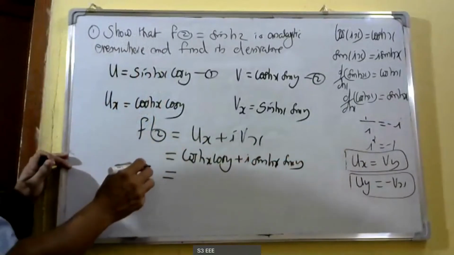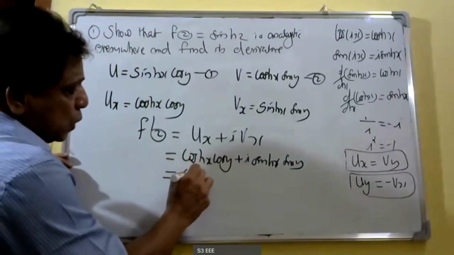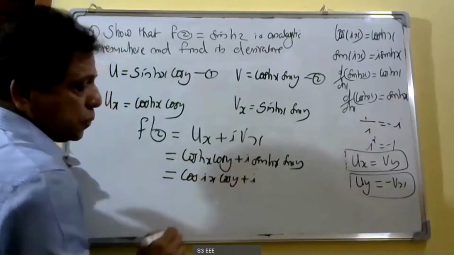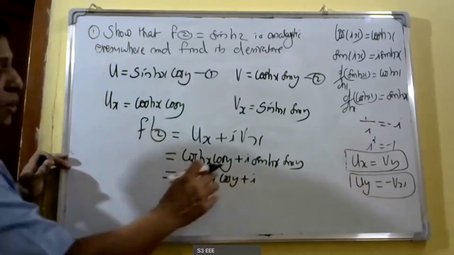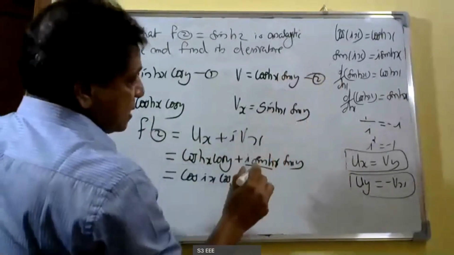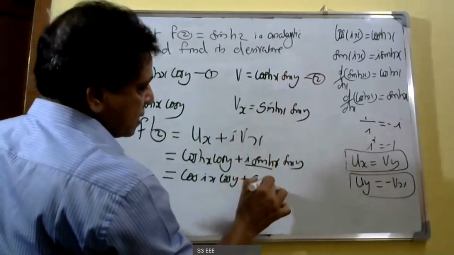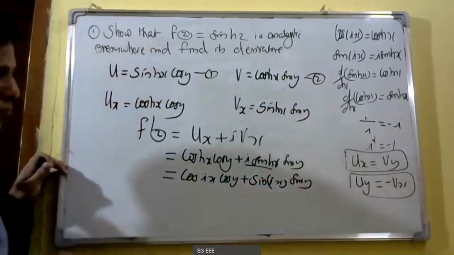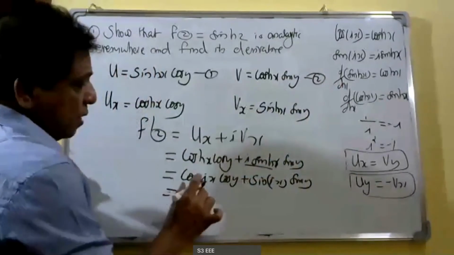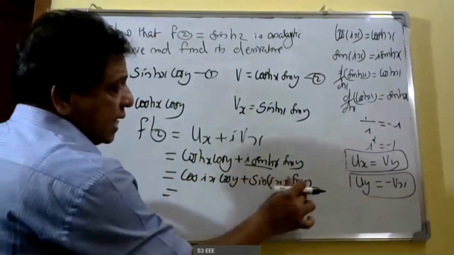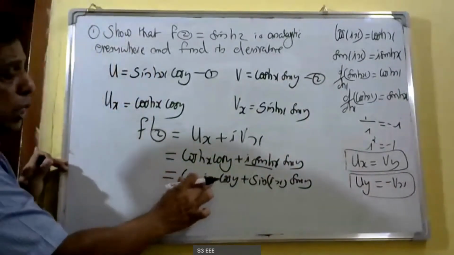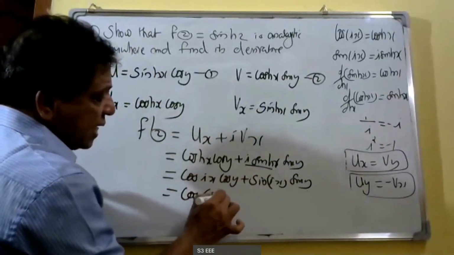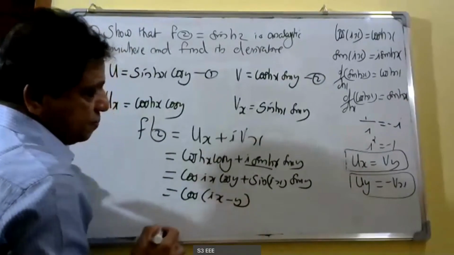Then cosh x can be taken as cos ix, then cos y plus i into sinh x. i into sinh x can be taken as sin ix, then sin y. Then cos a cos b plus sin a sin b, apply the trigonometric formula, that is equal to cos a minus b. Therefore, cos of ix minus y.